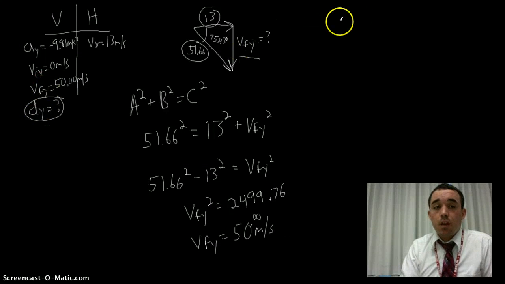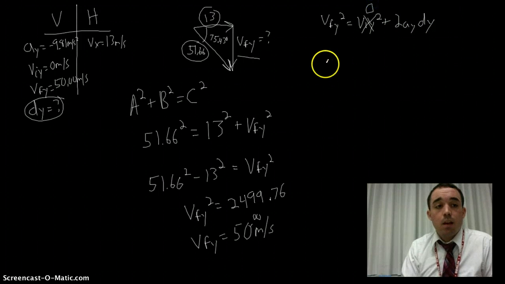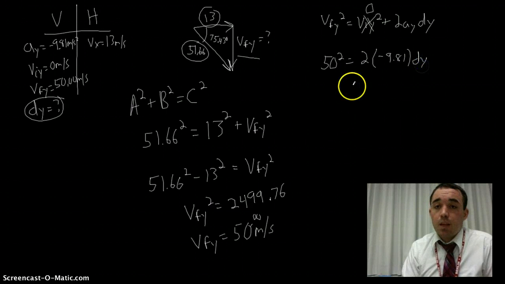Now that I have that information, my VFY, I can use a, VI, VF, and d to find my d. Looking at my formulas, VFY squared equals VIY squared plus 2 ay dy. My VIY is 0, so that term goes away. VFY squared, 50 squared, equals 2 times negative 9.81 times dy, what I'm looking for.